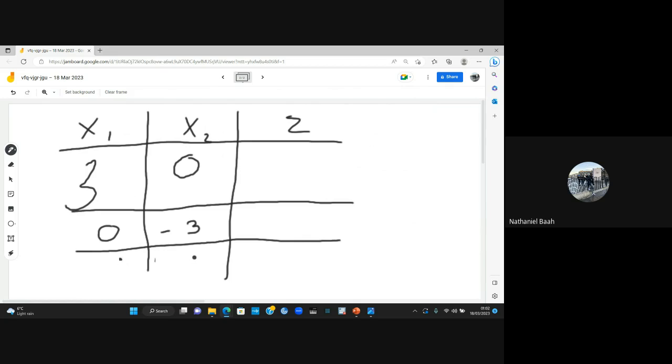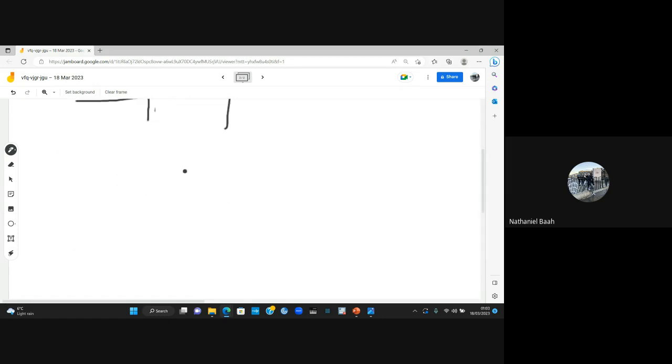This fills up this page in order to get 3 values for x1 and x2. Good. So what we do right now is to solve equation 1 and 2 simultaneously.